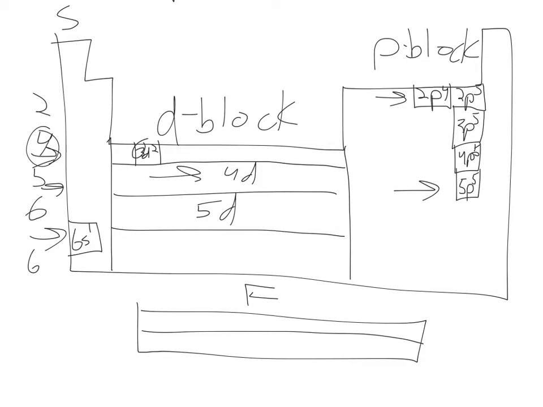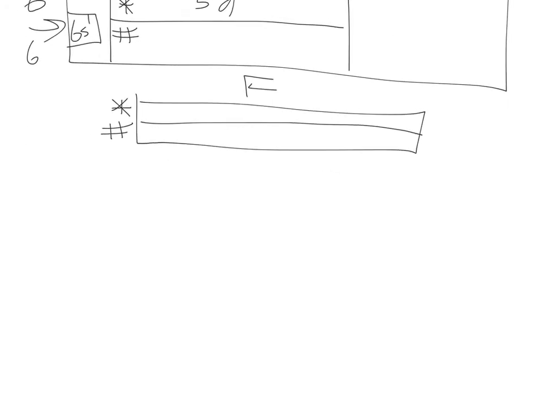Yes, that's okay. For F, you should have seen a similar pattern. Notice they put an asterisk by the first F row and a hashtag by the second F row, and then in the D block they put an asterisk here and a hashtag here. Now that's because the actual periodic table does include that. So let me draw the real periodic table just to give you an idea.